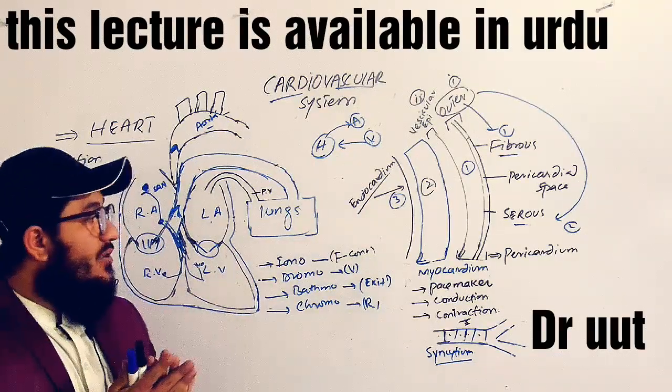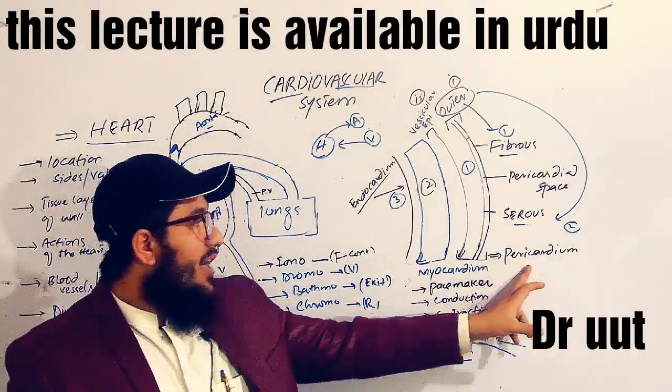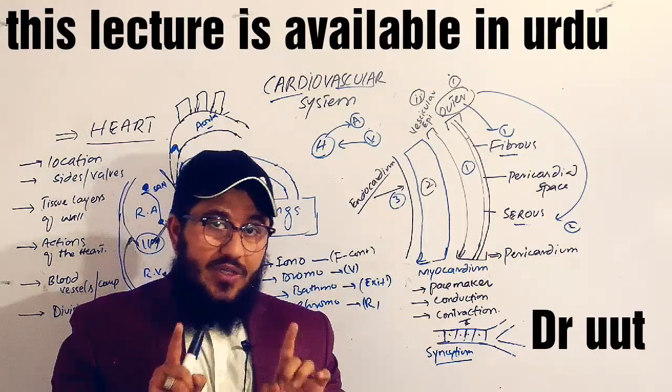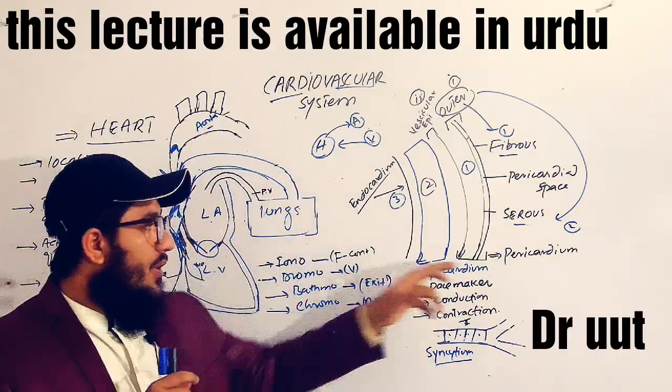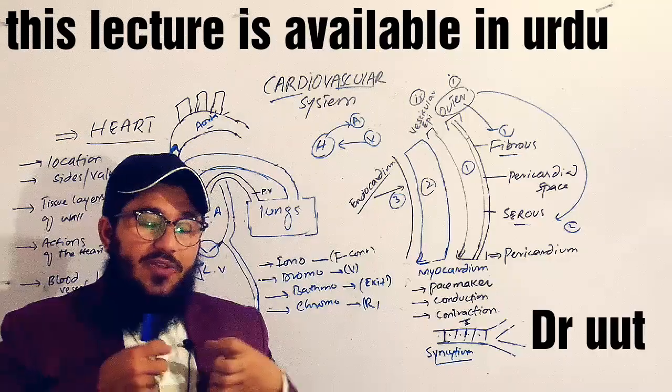And what is the reason for forming the sac and what is its function further? Physiologically, the pericardium is responsible for the protection of the heart. Protection against what? It will limit the extra extension of the heart.